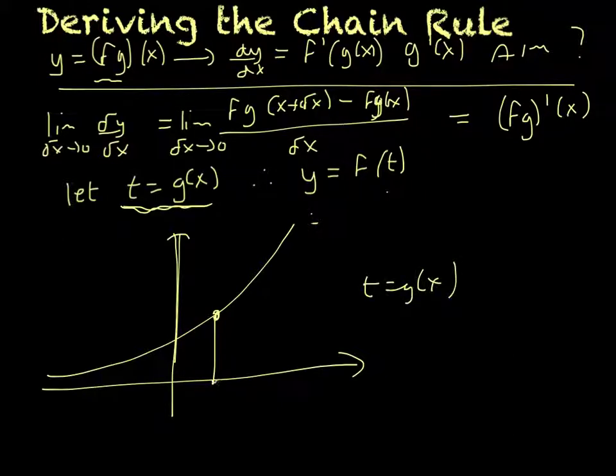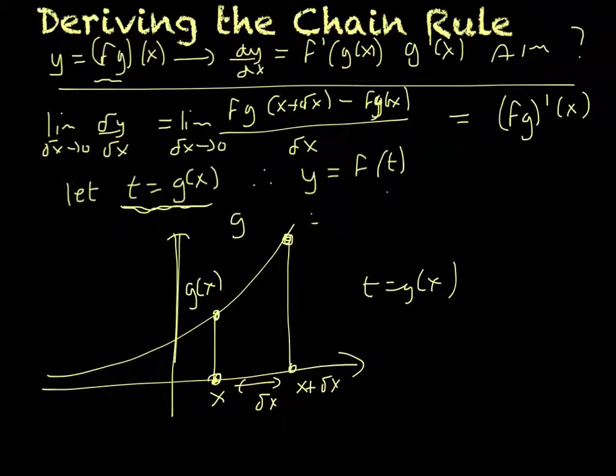So at our x value here, this gives us a corresponding value of g(x), doesn't it? Just like before, we're going to move delta x along, and this gives us x plus delta x, and therefore a corresponding t value of g(x plus delta x).